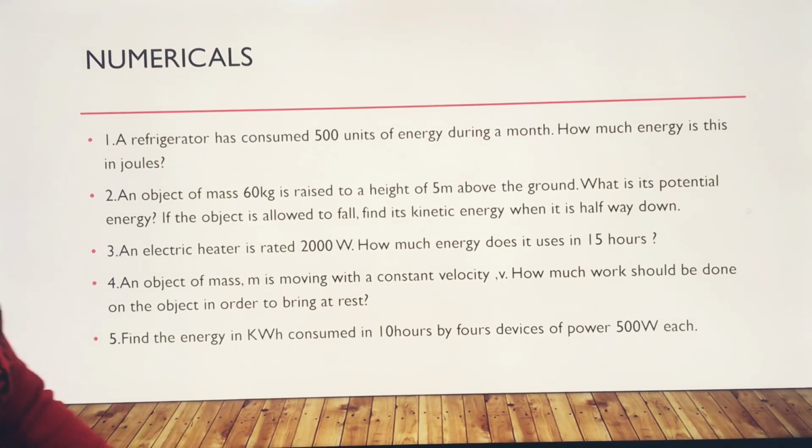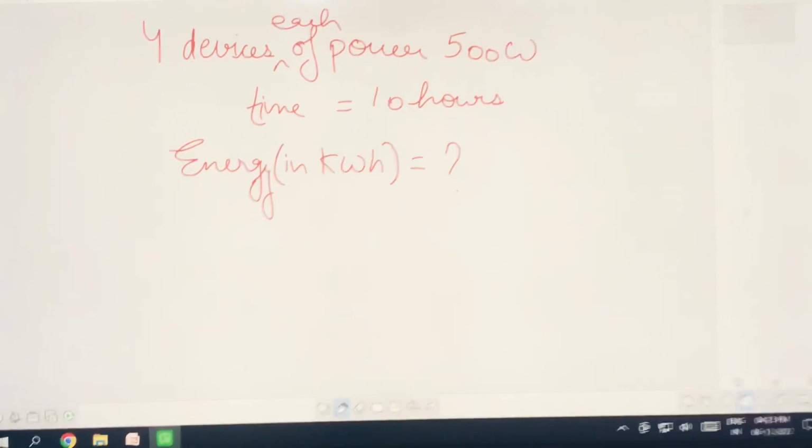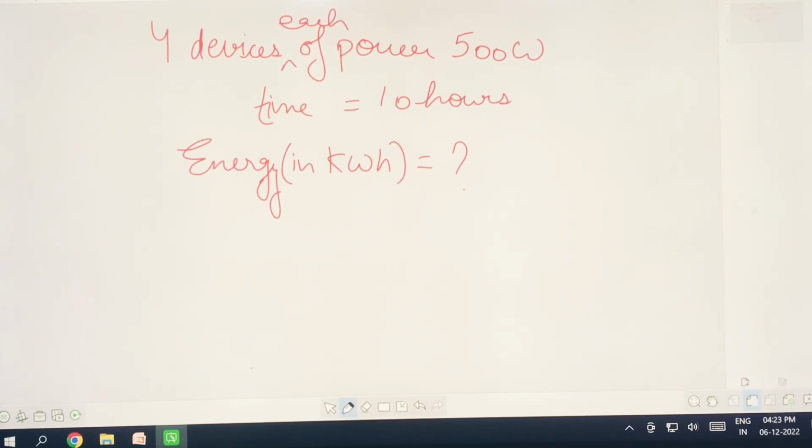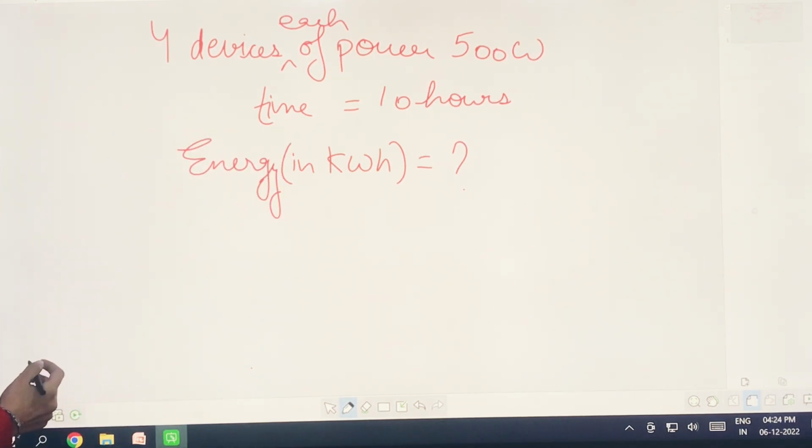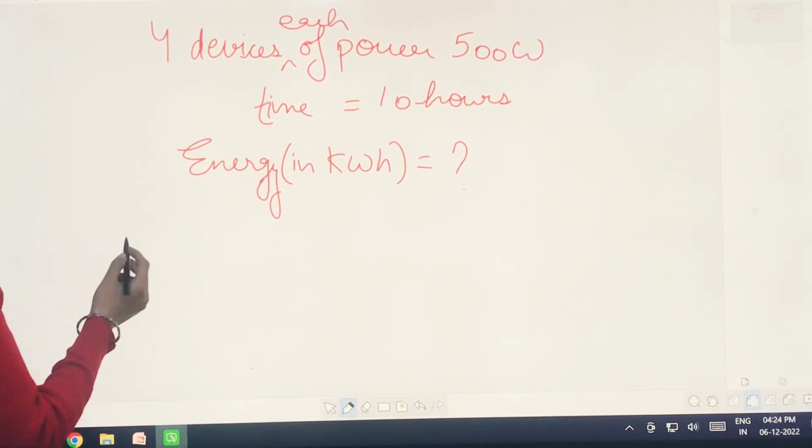So we know that the power of each is 500. Now we are provided 4 devices, each of power 500 watt, and the time provided to us is 10 hours, and we need to calculate the energy in kilowatt hour. If the 4 devices each have the power of 500 watt, then what will be the total power?